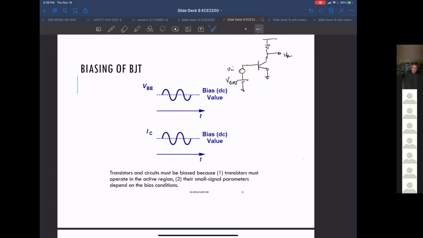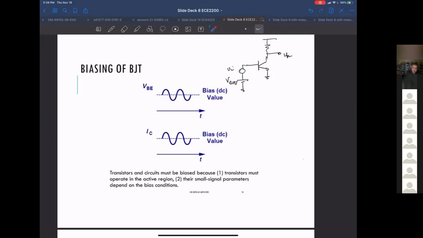So if you look at how your input will look as a function of time, it's not necessarily a sine wave, but let's say you had a sine wave as an input. You'd want it to ride on some DC voltage. You don't want it to be down here, because at 0 DC voltage, the base-emitter voltage will be very low, so you'll have very low current and you're not going to get any gain out of the circuit.